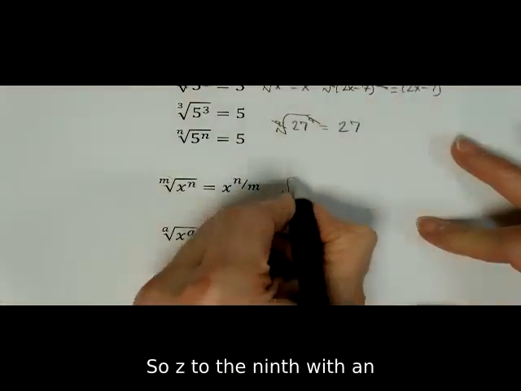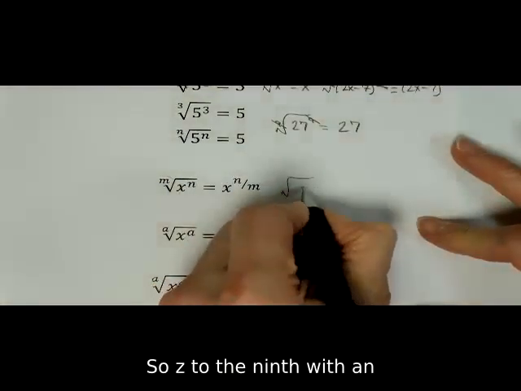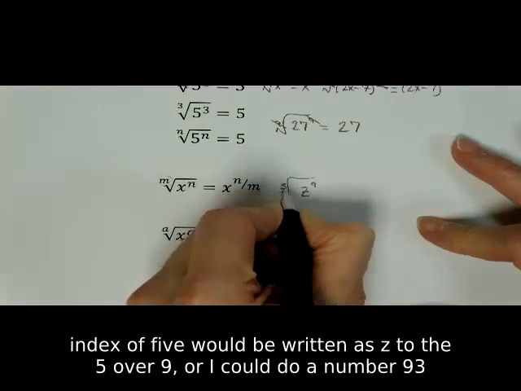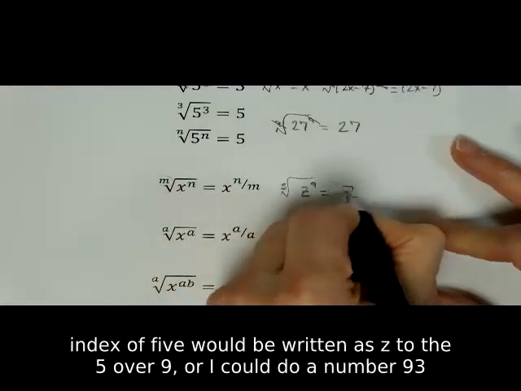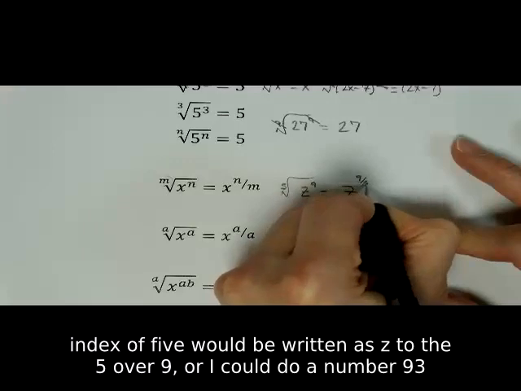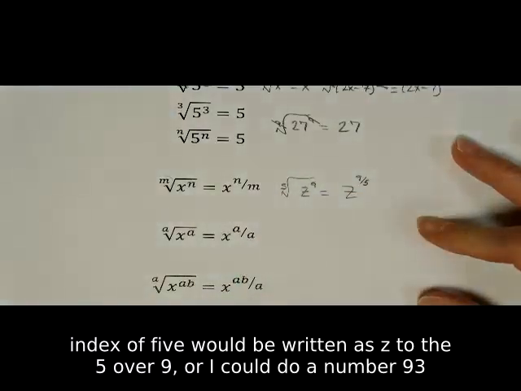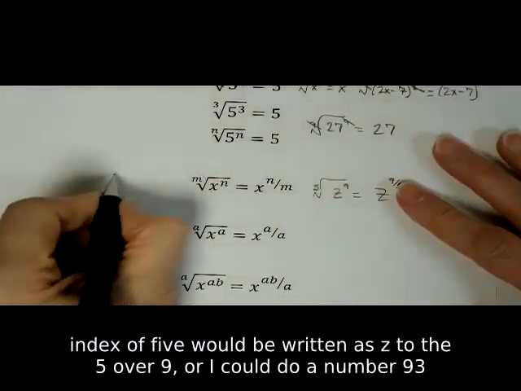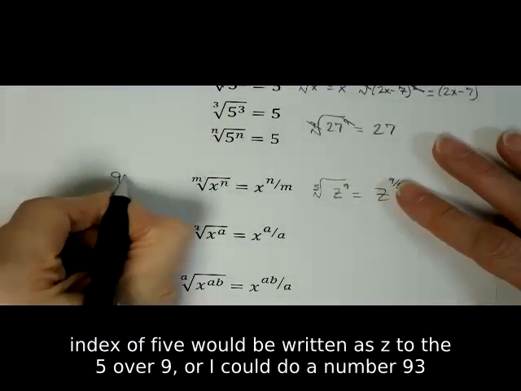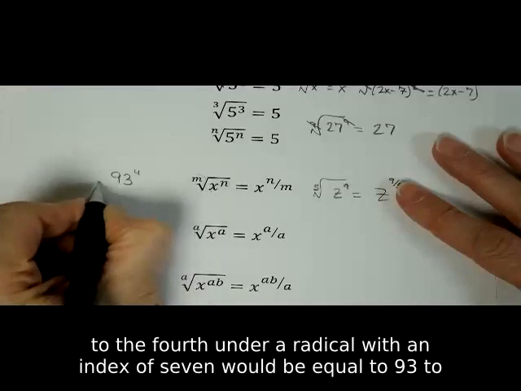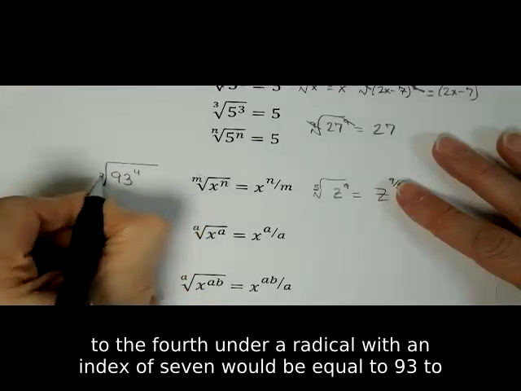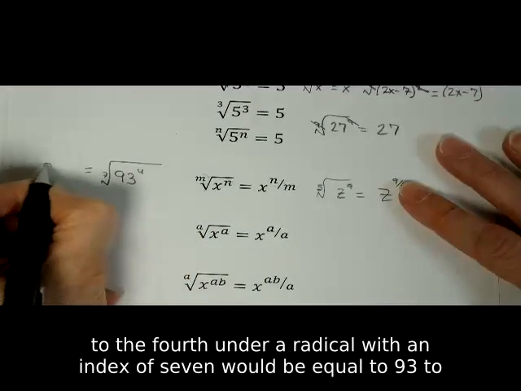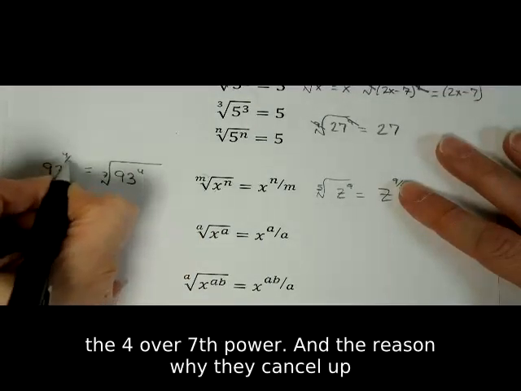So z to the 9th with an index of 5 would be written as z to the 9/5. Or with a number, 93 to the 4th under a radical with an index of 7 would be equal to 93 to the 4 over 7th power.